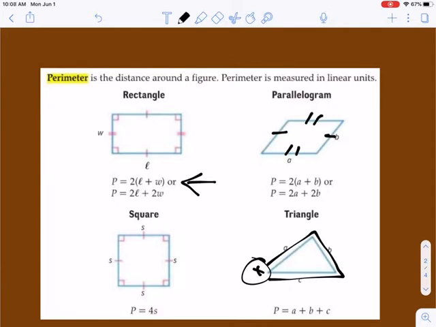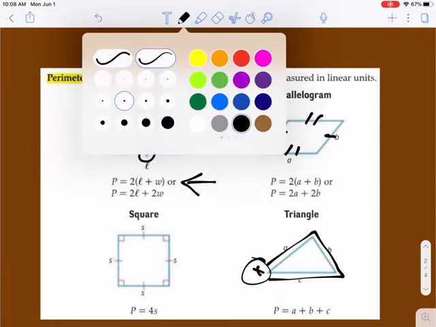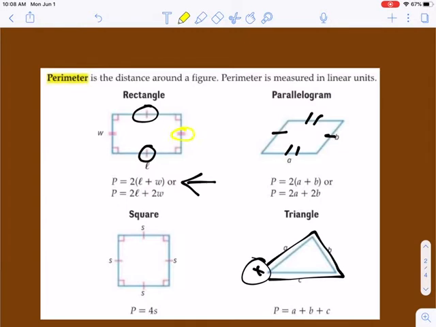And when we're looking at those hash marks, that's what they denote. This denotes that that's equal to that. And this one right here denotes that this one is equal to that one. And the square one denotes that all the sides are equal. That's why they're all single hash marks. So that's what that means when they're doing that.